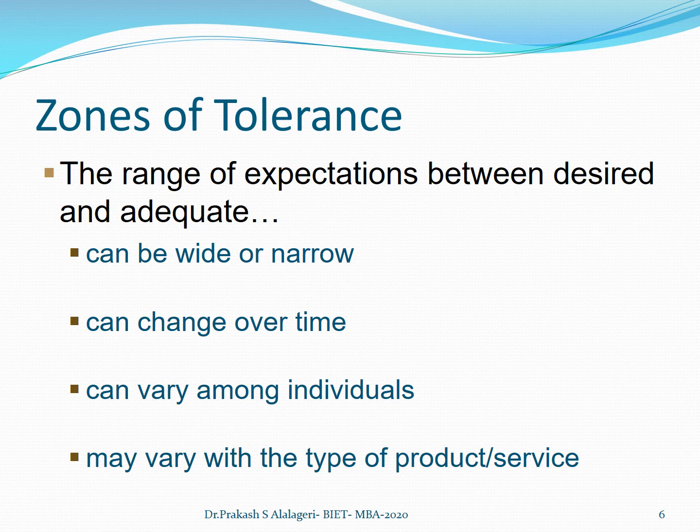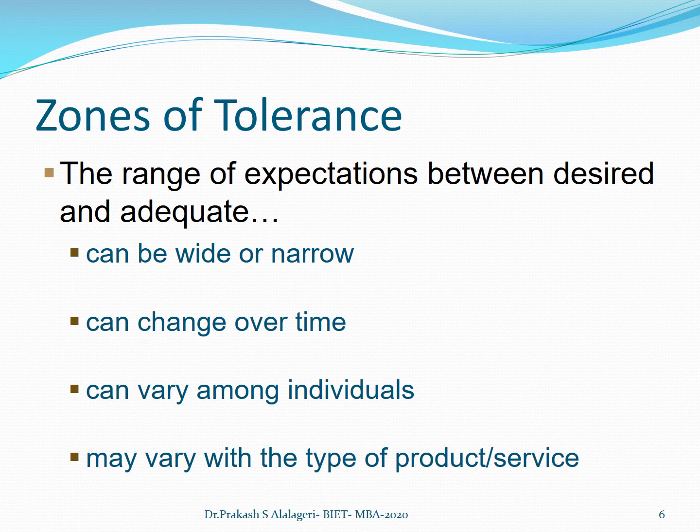This zone of tolerance might be wide, or it might be narrow. If it falls below the minimum level, I'll be very frustrated, and as I said, I'll come out as a very unsatisfied customer.